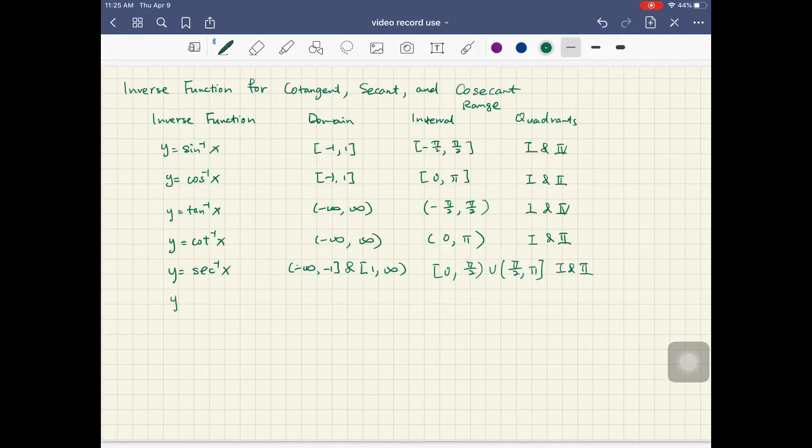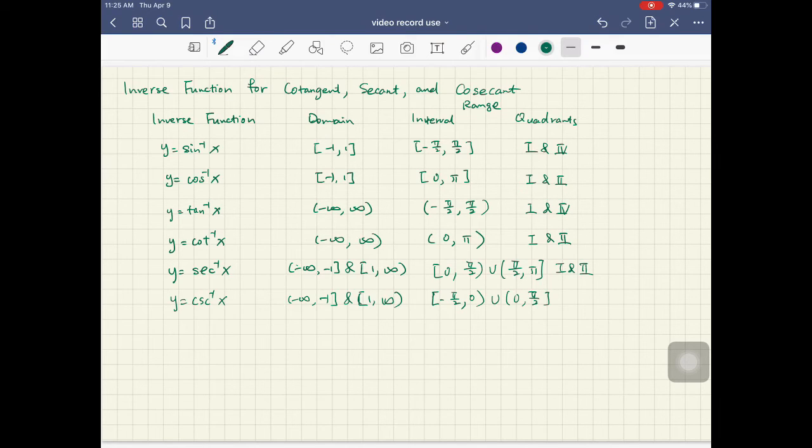And then the last one, the cosecant inverse. The domain is going to be similar to the secant one. And the range for the interval form is going to be -pi/2 to 0, excluding 0, and 0 to pi/2.